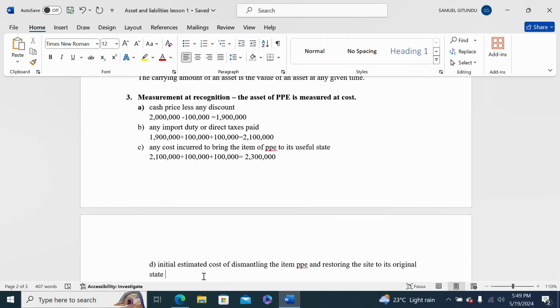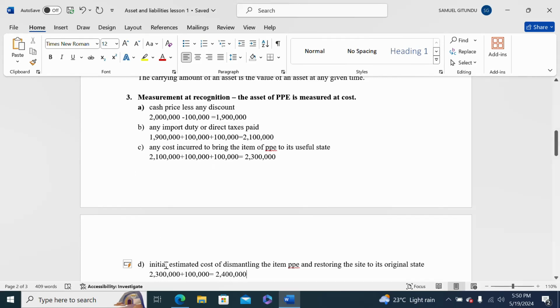So, for example, if the estimated cost of dismantling is 100,000, you can see now the cost to be recognized in your books or in the statement of financial position has now increased to 2.4 million.